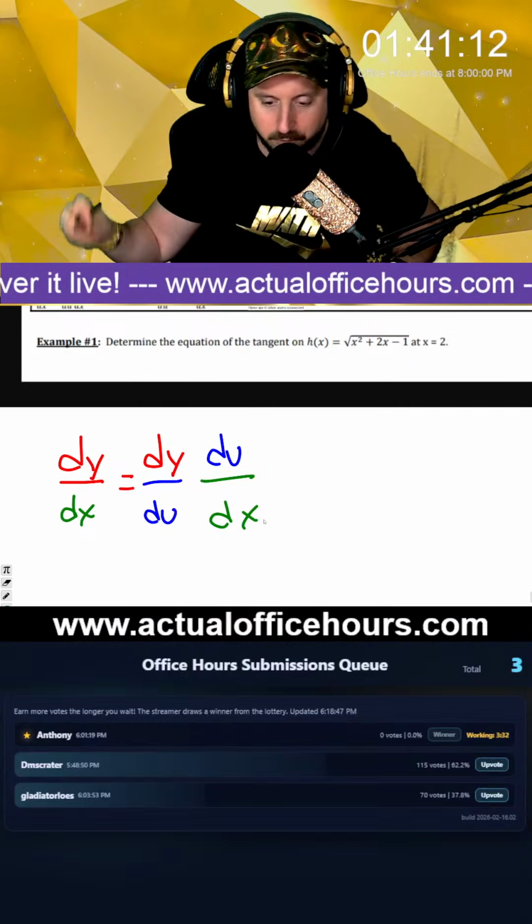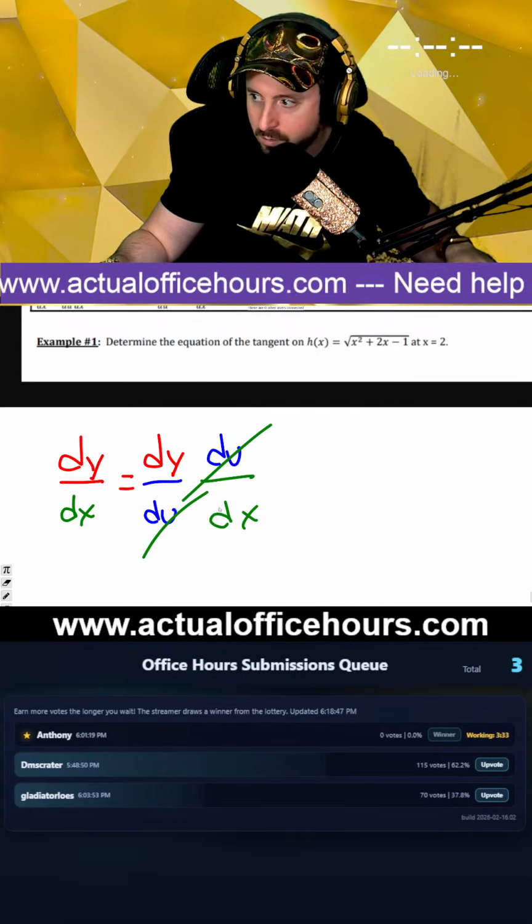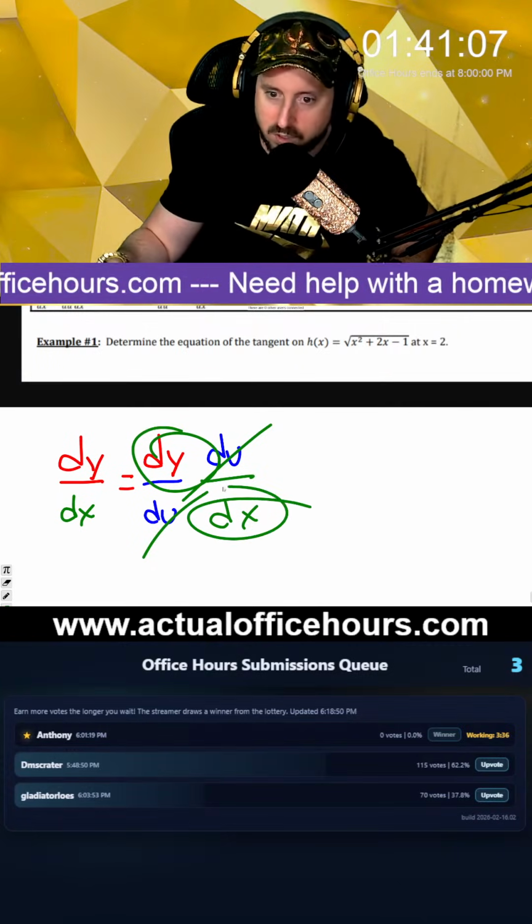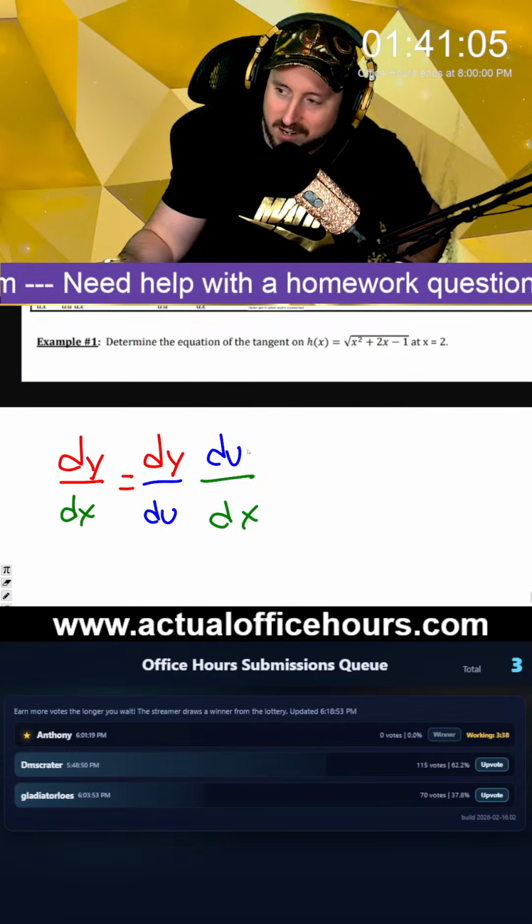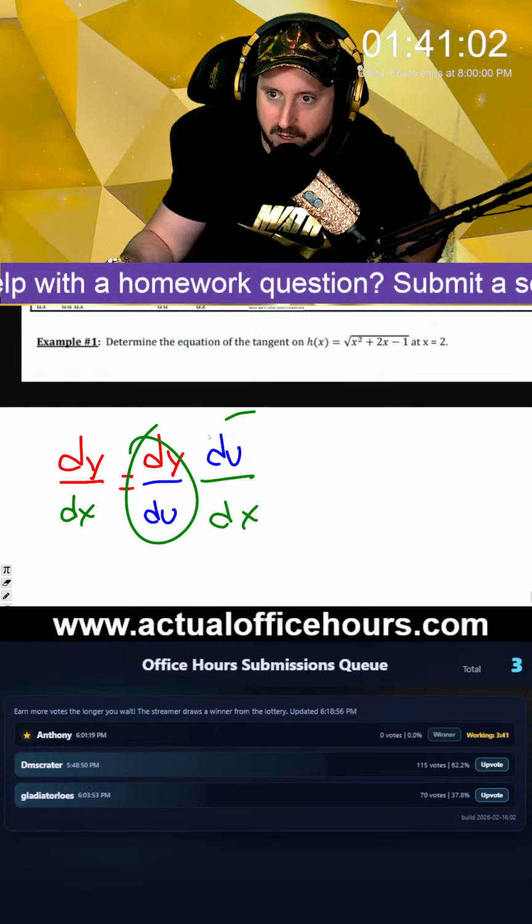Just looking at the fractions, do you see how du cancels with du? That's dope. And so you would literally just get dy over dx. So you can see just from simple algebra that it works, but let's think about why this is.